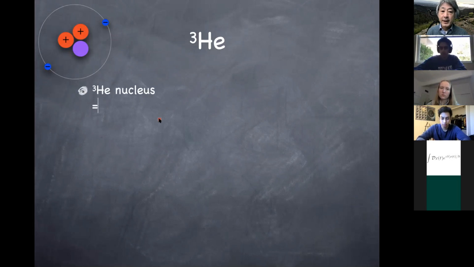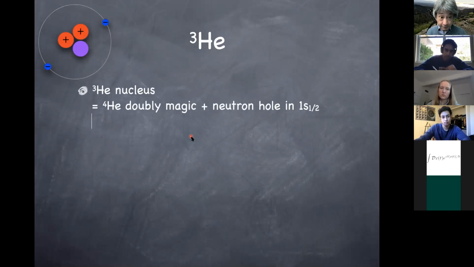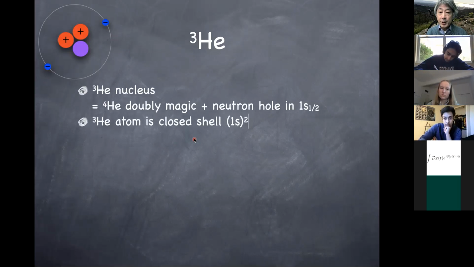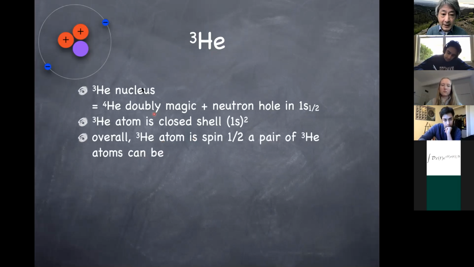So helium-3 as a whole is a fermion with spin 1/2. Now that we know this is a fermion, we can ask the question, what happens to the helium when you actually cool it down? Here, I'm just writing down what I already mentioned. The helium-3 nucleus is doubly magic plus a neutron hole, and hence 1s1/2. The helium-3 atom is a closed shell 1s squared configuration, no additional quantum number, and hence the whole thing is spin 1/2 and a fermion.